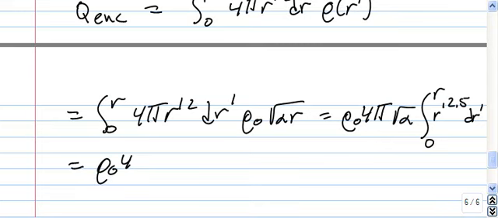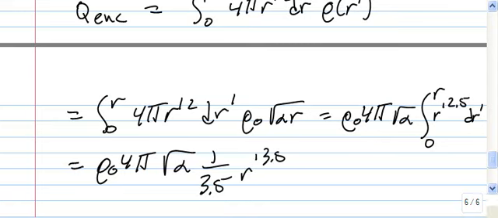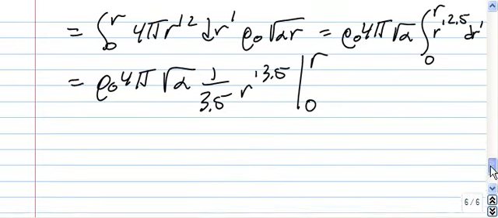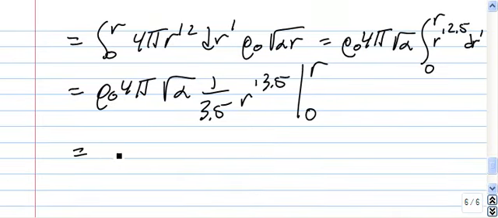To evaluate, this is rho naught times 4 pi times root alpha. Integrating r prime to the 2.5 power just gives me this. And I evaluate that at 0 and r, where r is the radius of the Gaussian surface. Okay, so I can pop some numbers in for this. The rho naught was 600 nanocoulombs per cubic meter.